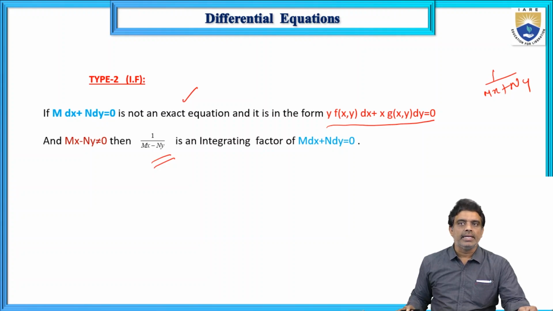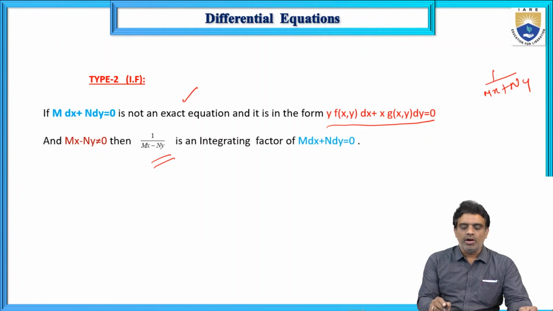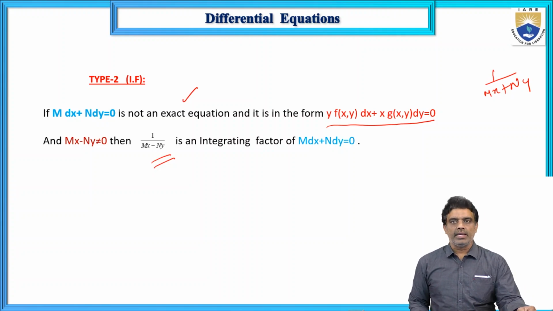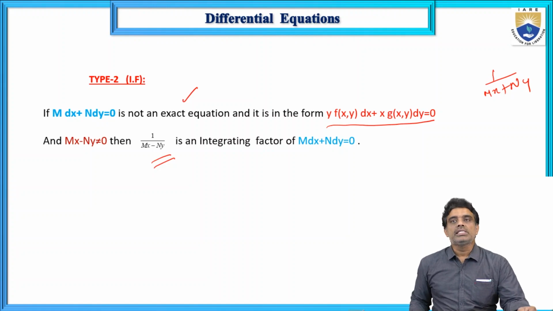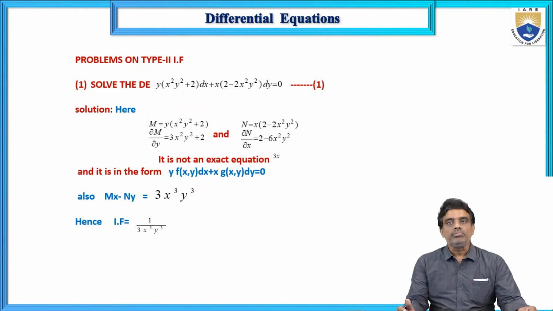So in this type, if M dx plus N dy equals 0 is not an exact equation and it is in this form with Mx minus Ny not equal to 0, then 1 by (Mx minus Ny) is an integrating factor of M dx plus N dy equals 0. For this model we discuss example problems.